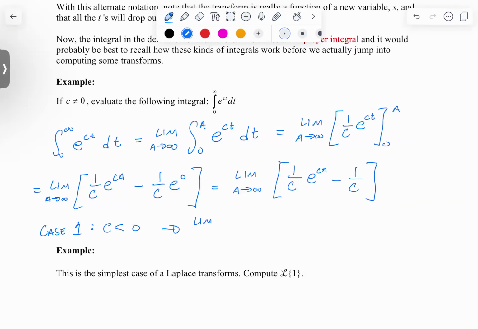And this means that the limit, as a goes to infinity, of our expression would become -1/c, right? Because this guy blows up, this goes to infinity.